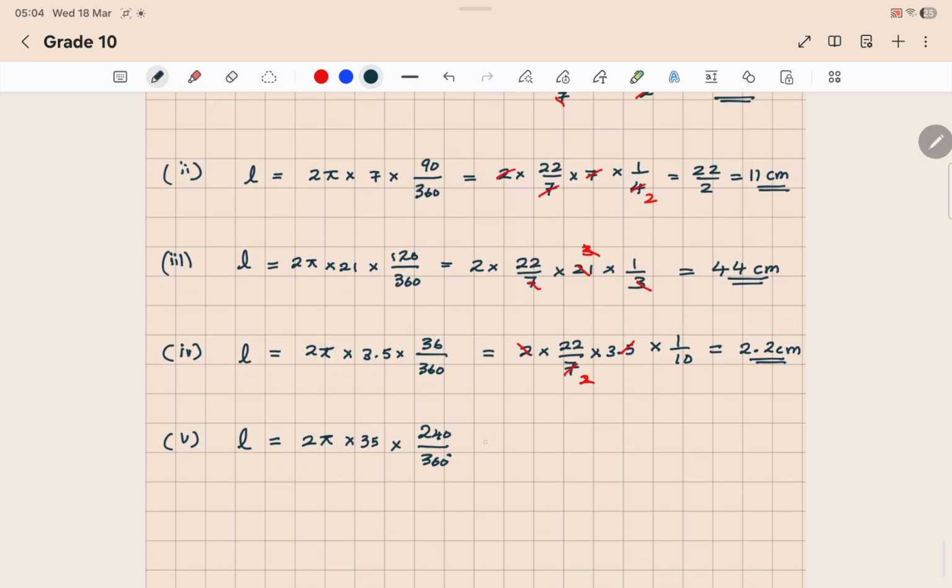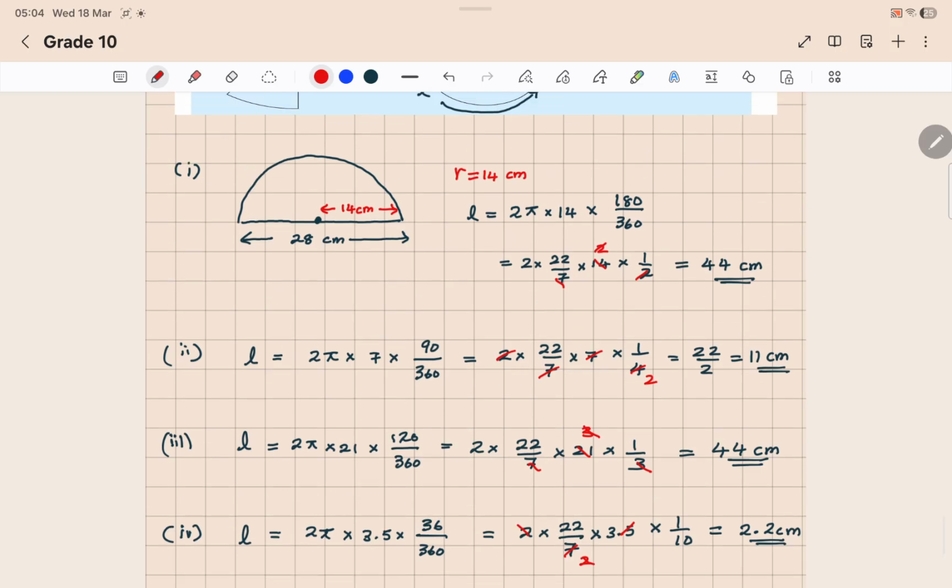So 2 times 22 over 7 times 35, and 240 over 360 is what? 2 over 3, right? Simplify, cancel, you get 5.